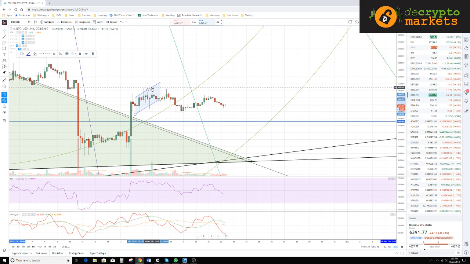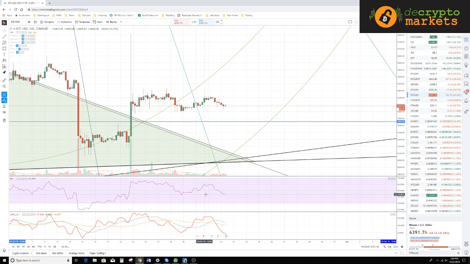We have pretty flat to higher lows on the 4 hour, but lower lows on the composite index. Not by much. It's actually pretty flat, but I guess technically we do have higher lows in price and lower lows in the oscillator. That's a sign of hidden bullish divergence.